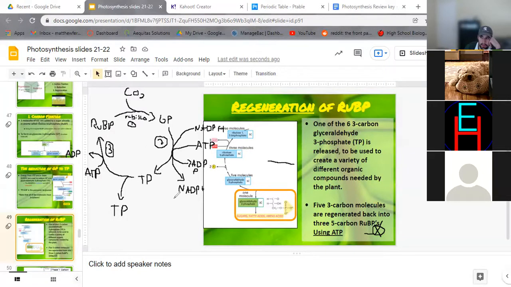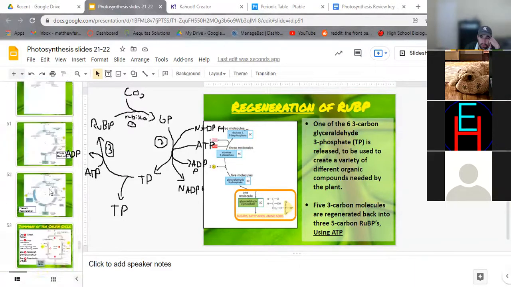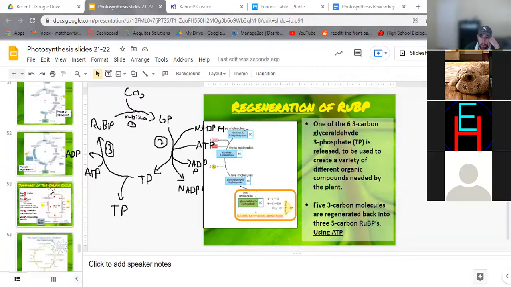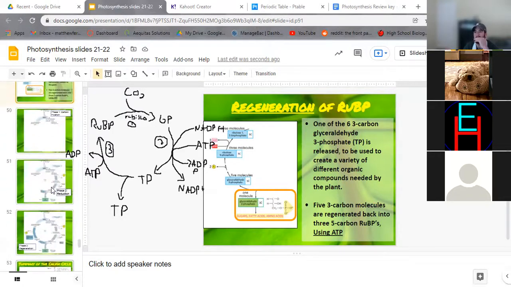This is the Calvin cycle. However, if you've been keeping an eye on the carbon count, you'd be very confused as to how we went from this molecule to that molecule. So let's figure it out. Wouldn't there be confusion in regards to how GP would have 6 carbons and then TP has 3 or something?